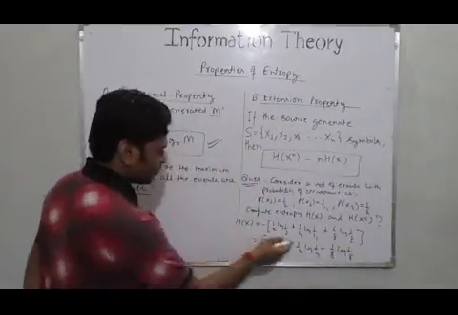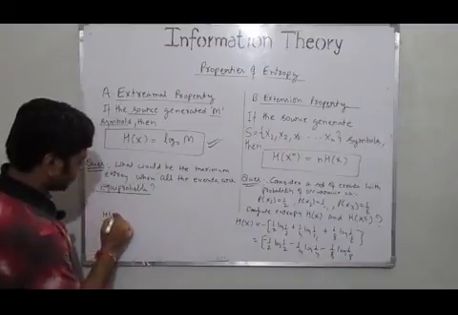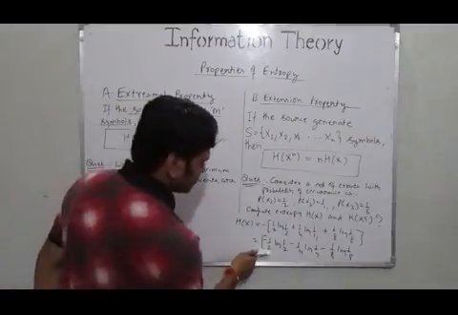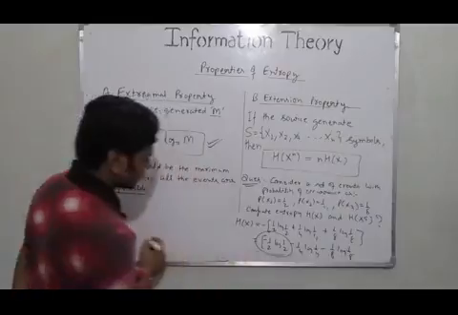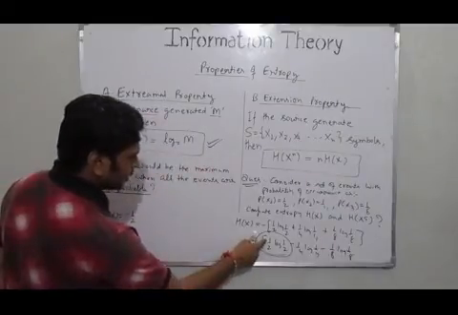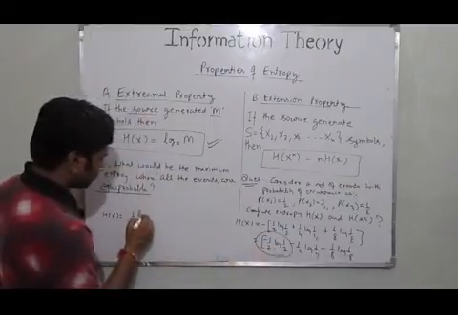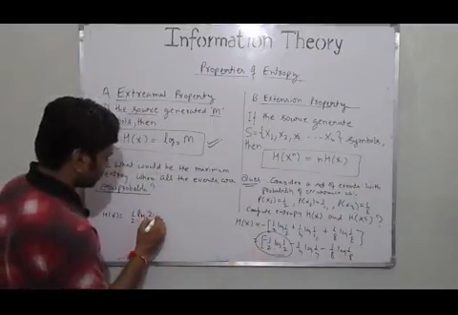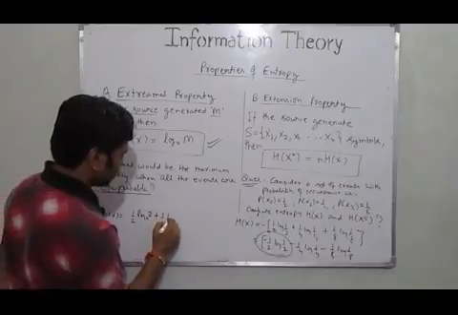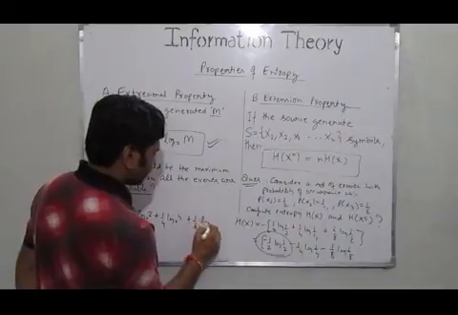Fine. So I am solving this thing here. So what can we obtain as H(x) then? If I remove this sign, then the expression would become 1 by 2 log 2, then 1 by 4 log 4, 1 by 8 log 8.